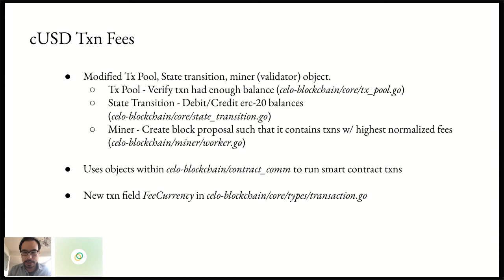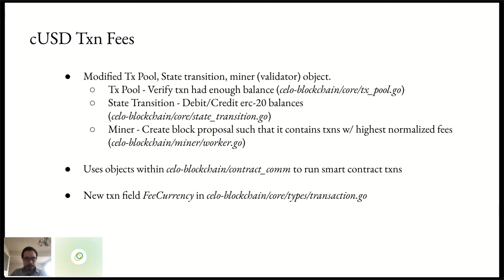You can imagine that many of the transactions within the transaction pool will have many different currency types, but the miner, or the validator in our case, wants to choose a block where they can maximize the transaction fees, because they get a portion of it.